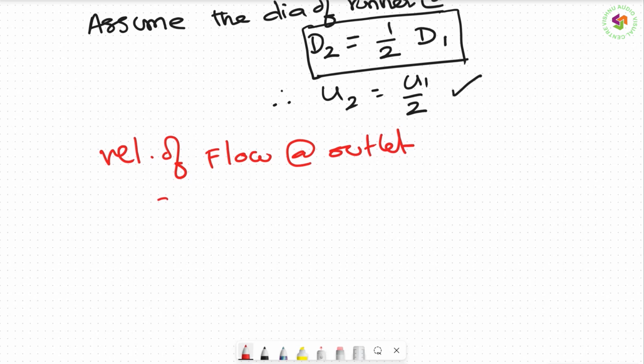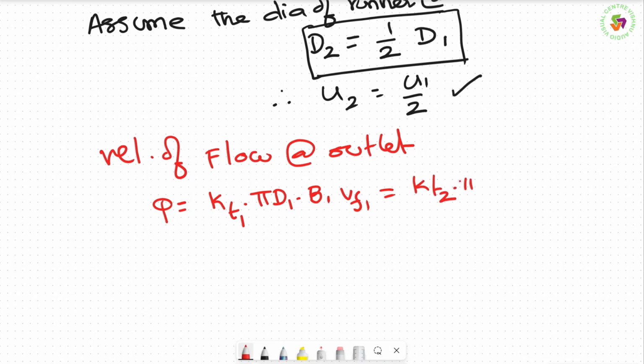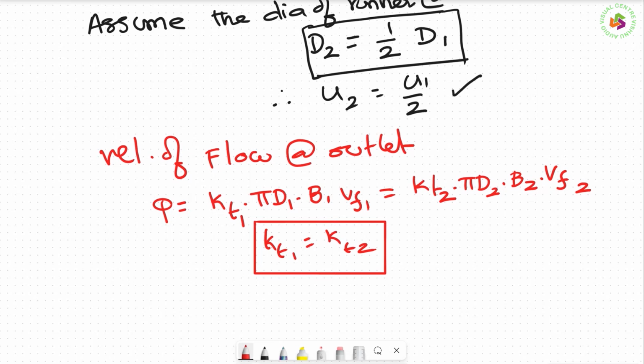Kt1 into pi D1 into B1 into Vf1, this is inlet, is equal to Kt2 into pi D2 into B2 into Vf2. Generally Kt1 is equal to Kt2 because the thickness may not vary from inlet to outlet. Again, Vf1 should be equal to Vf2.